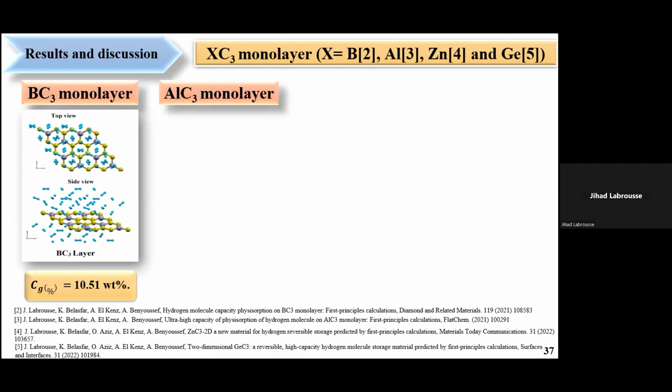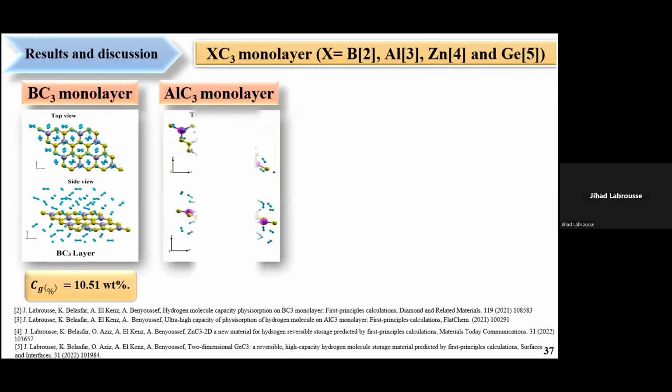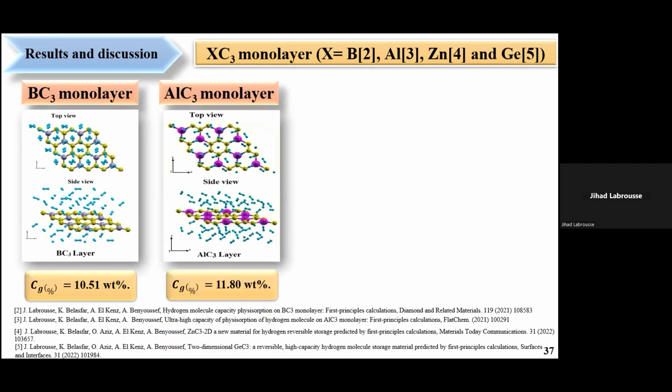The second monolayer, LC3, can absorb 16 hydrogen molecules with a gravimetric capacity up to 11.80% by weight.